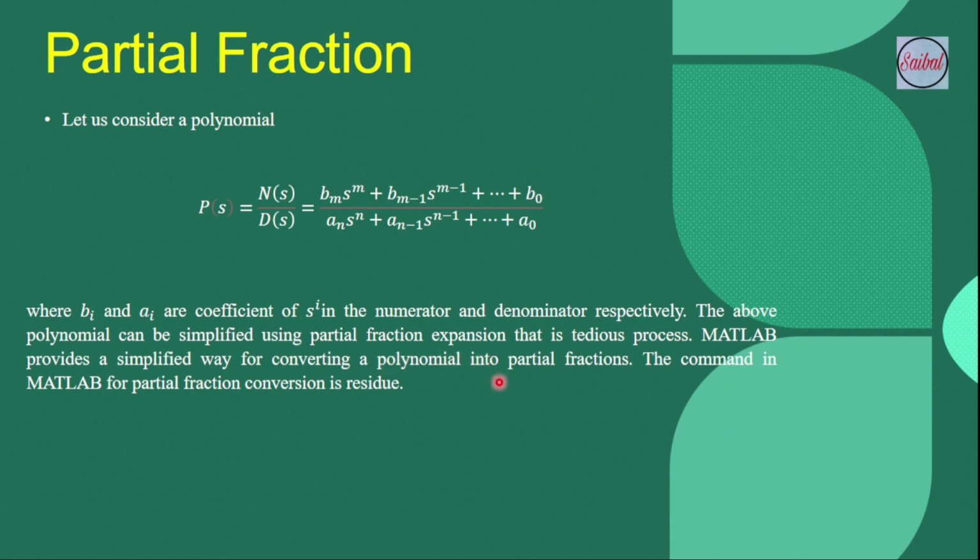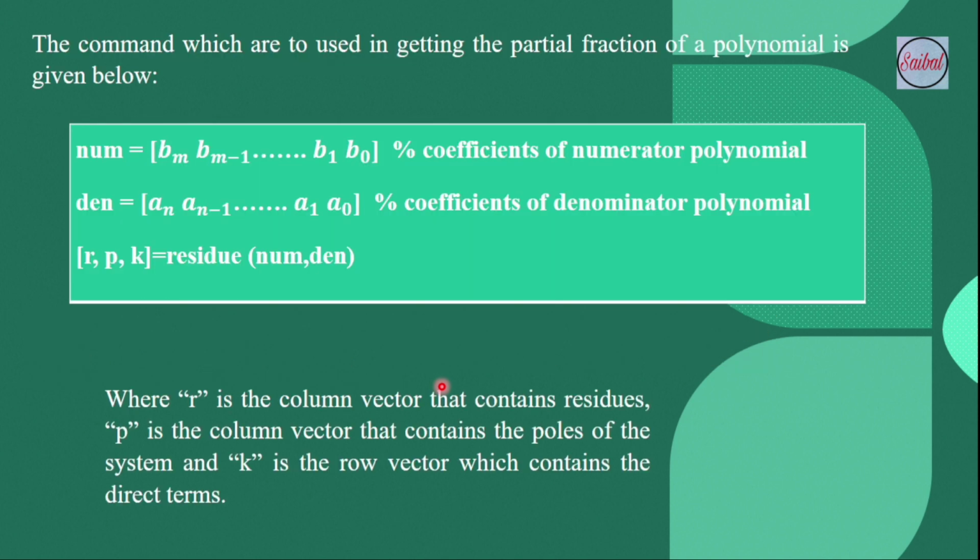So here we use a MATLAB command to simplify the polynomial into partial fractions. The command in MATLAB for partial fraction conversion is called residue. Basically, first we have to write num equal to bm minus 1 up to b naught. This is nothing but the coefficients of the numerator polynomial.